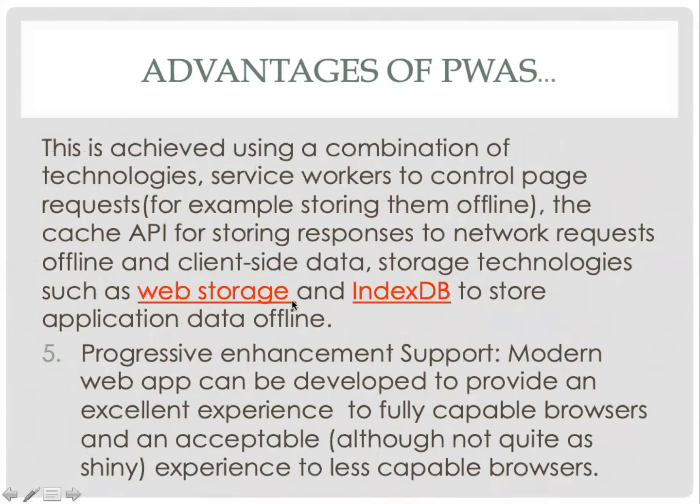Another, we say, is offline capability. This is achievable using a combination of technologies: service workers to control page requests, for example storing them offline; the Cache API for storing responses to network requests offline; and client-side data storage technologies such as web storage and IndexedDB to store application data offline.